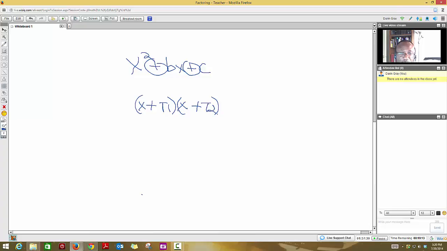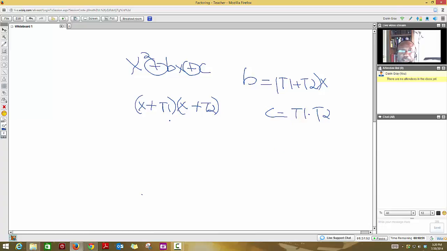So b is going to be term 1 plus term 2 times x, and c is going to be equal to term 1 times term 2. Okay, not Terminator 2, term 2.